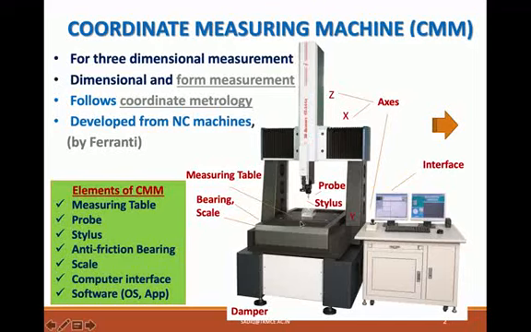We cannot afford a vibration that may happen during the process, because if we are placing this device on the third floor of a building, or in a building where nearby there is a railway track, or there is vibration from the road or machine tools, that vibration should not pass through or influence the measurement process. For that, there will be dampers provided with the CMM. These dampers are provided such that the vibration external to the CMM will not be transferred to the CMM, so that the measurement process is not affected.